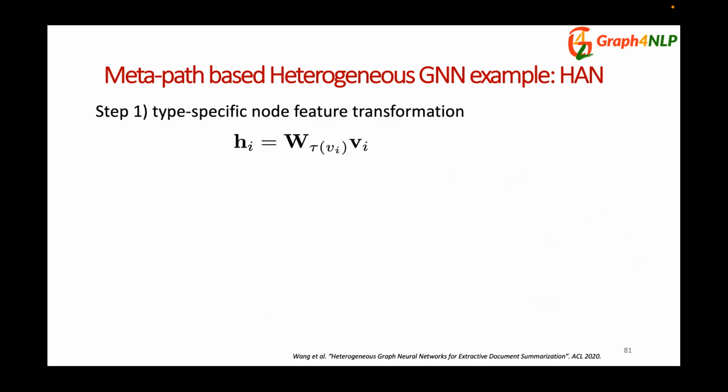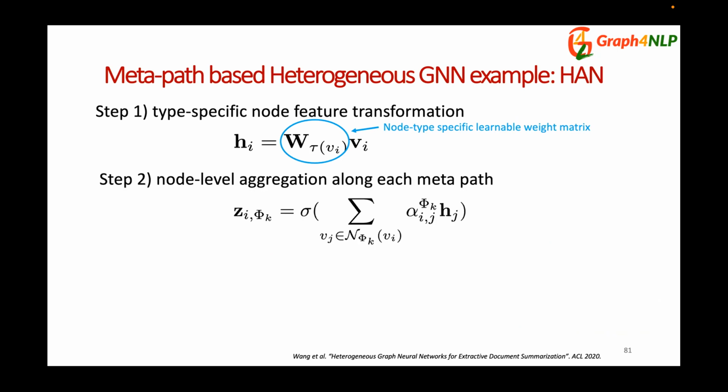Here are three key steps of the HAN model. One is to introduce a node type specific node feature transformation. As we can see here, W_T is a node type specific learnable weight matrix. For each type of node, we will have a corresponding learnable weight matrix.